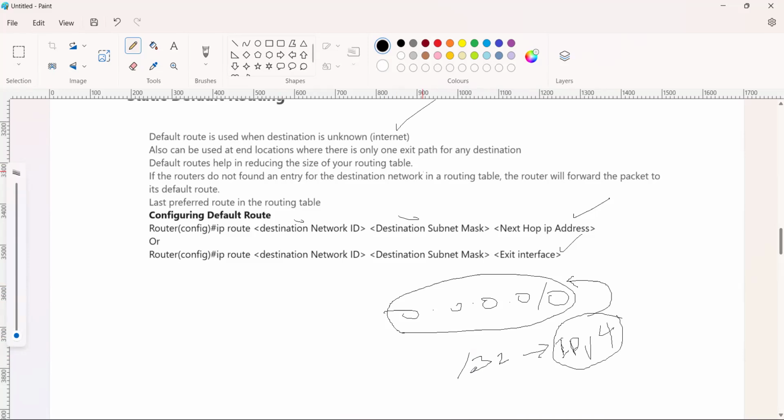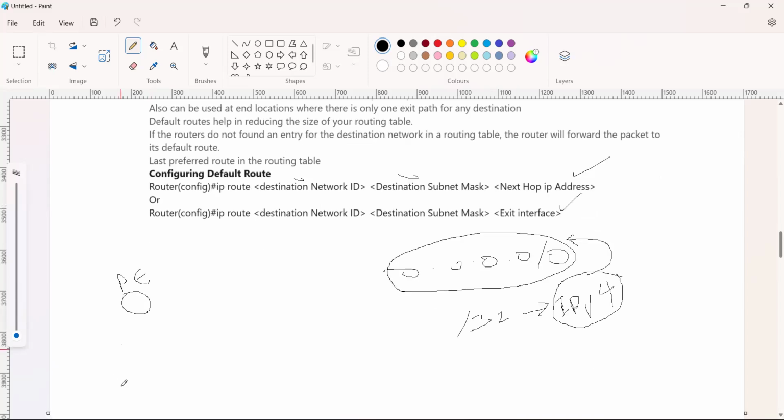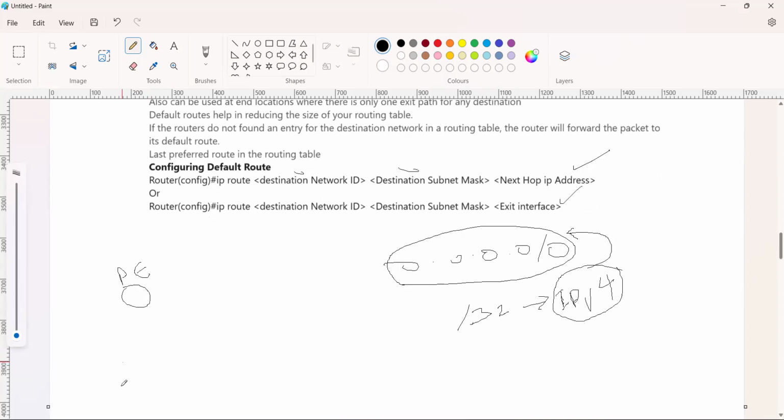Internet means this is your provider edge router and this is your customer edge router. CE, customer edge, and PE, provider edge. This is a WAN between them.